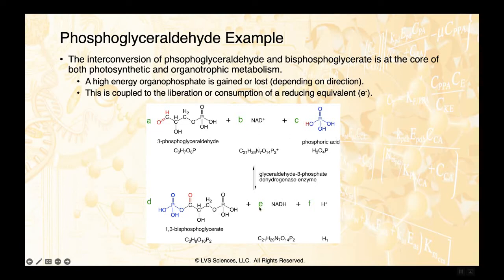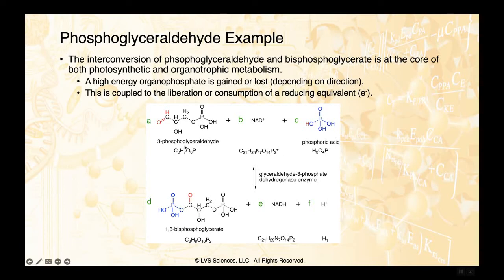Combining those together, we can add the phosphate onto the glyceraldehyde to produce the bisphosphoglycerate. We end up with a reducing equivalent because we've transferred an electron now to this intermediate, this NADH intermediate, and we've produced an extra proton because once we steal the electron, it's coming from a hydrogen atom, so that atom now has a net positive charge and becomes a proton.